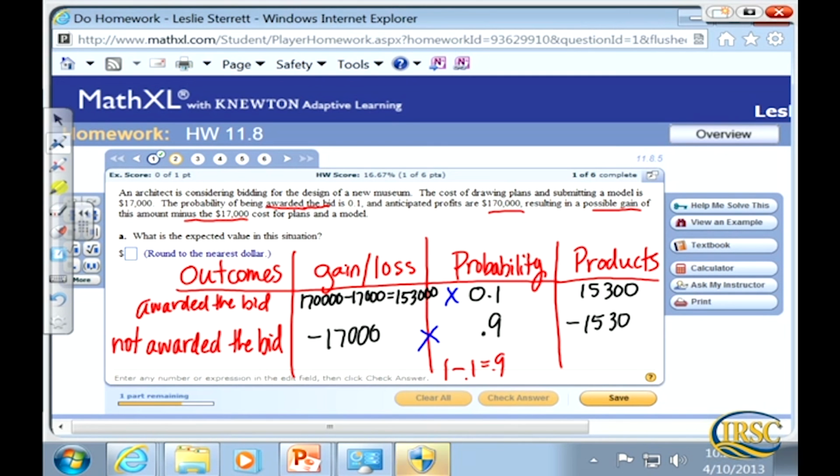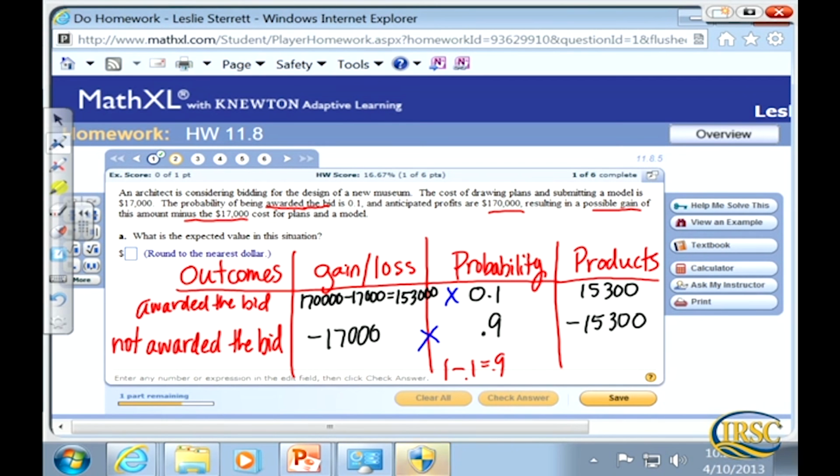Did everybody get that? Okay, I'm going to check it because we've got disagreements here. So 17,000 times 0.9 is 15,300. So negative 15,300.